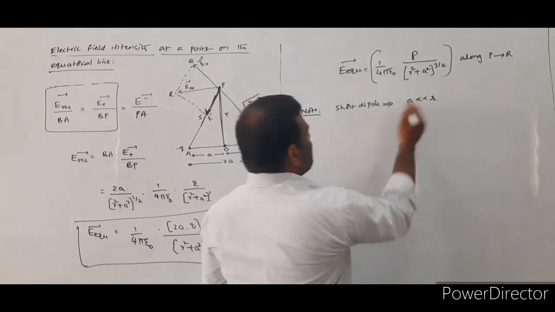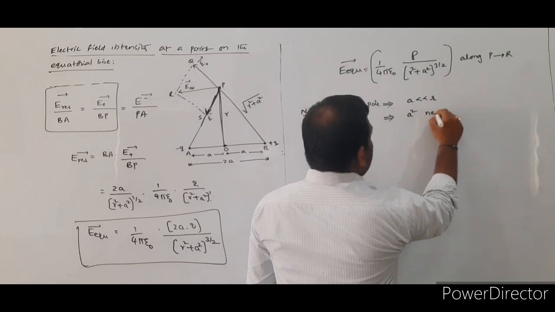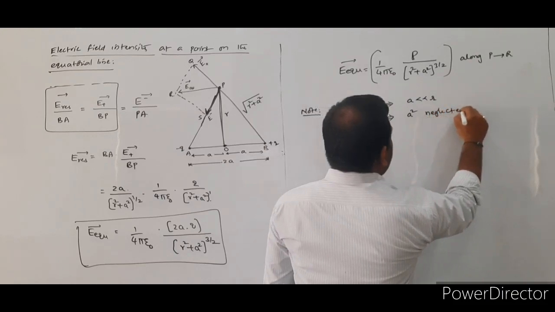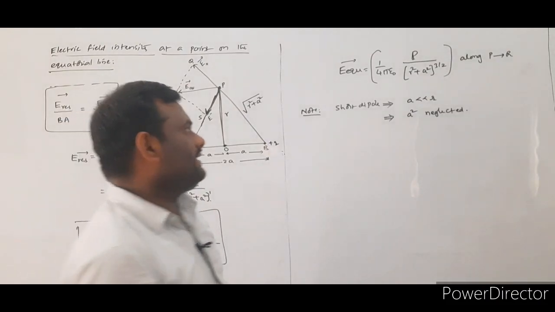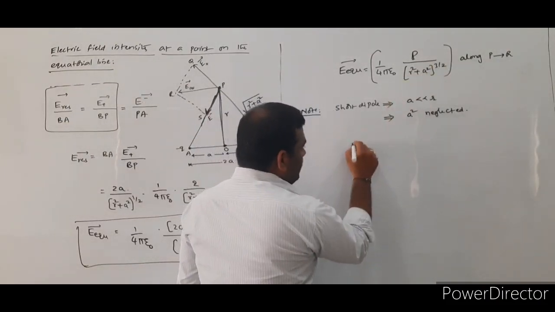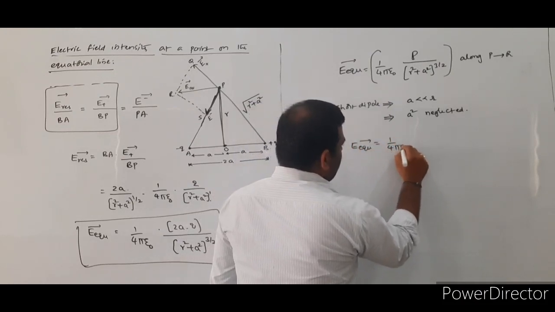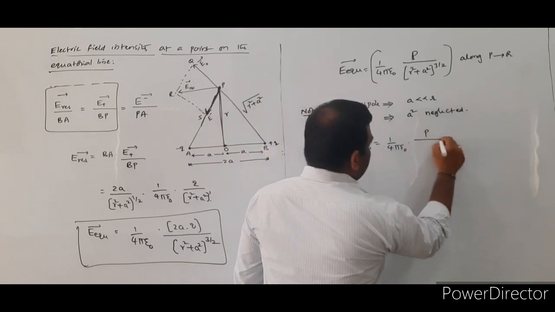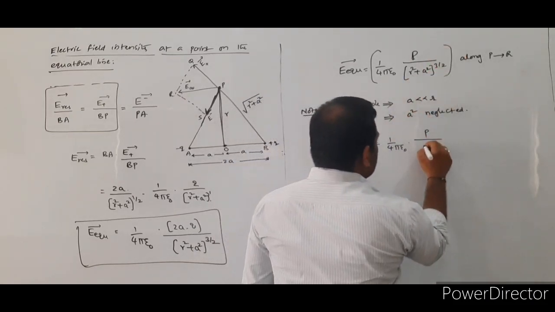If a will be much smaller than r, then the a square term should be neglected. If we remove the a square term in the given equation, we will write that E equatorial line is equal to 1 by 4 pi epsilon naught P by r square whole power 3 by 2.